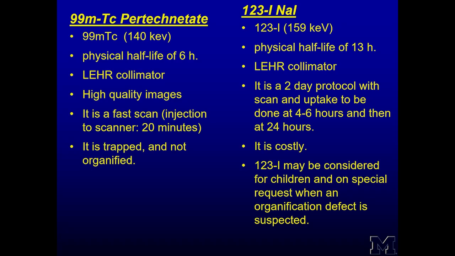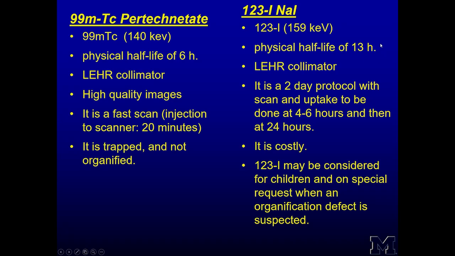On the other hand, iodine 123 sodium iodide is a gamma emitter with 159 keV photon energy. The physical half-life of the radioisotope is somewhat longer than technetium pertechnetate, at 13 hours.